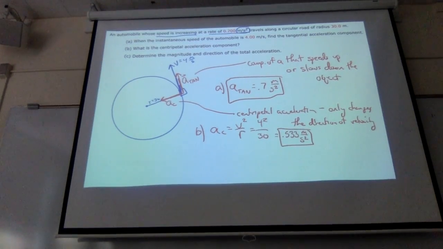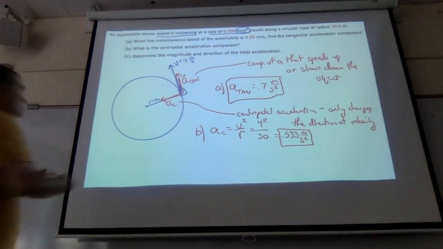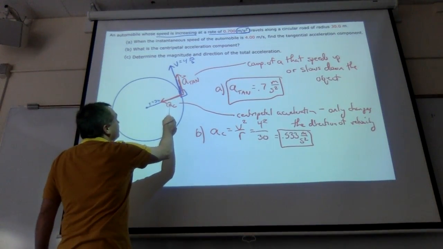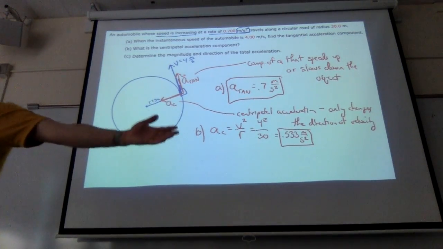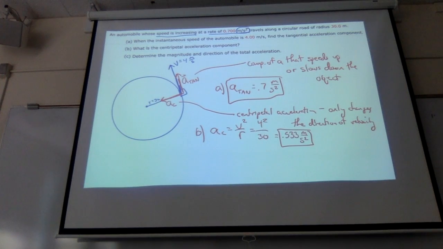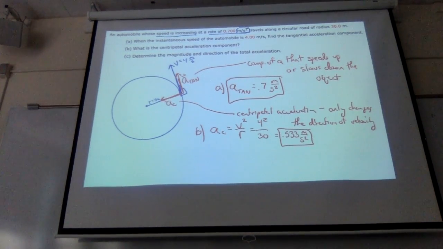And then finally, C takes us back to what we've done several times today, which may give you some hint as to whether or not it's important. So these are perpendicular, right? A tan and AC. And part C is asking me about the total acceleration. That means these are components, put them together, and find the hypotenuse. If we were to draw this out head to tail, AC points this way, and then perpendicular to that is A tan, which means that the hypotenuse points kind of like that.